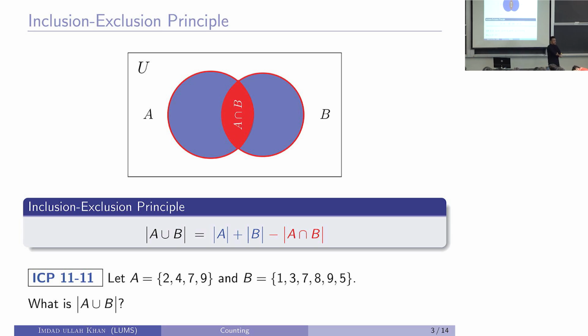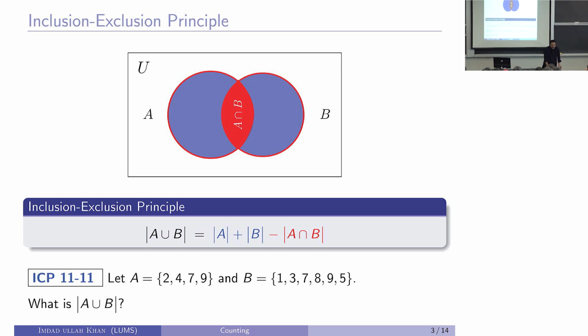So what is the cardinality of A here? What's the cardinality of B? 6. What is the intersection of A and B? 7 and 9, right? So the cardinality of A intersection B is 2.